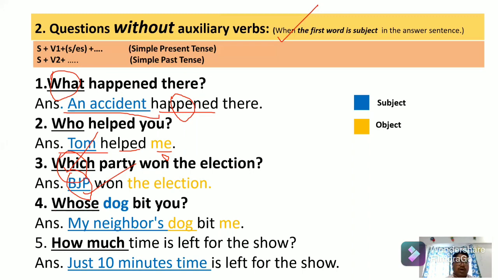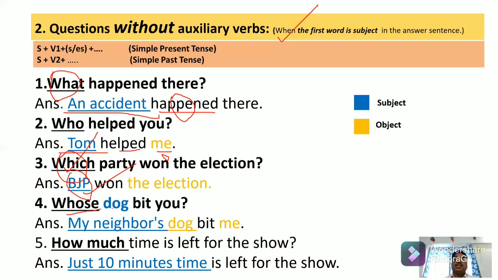Now the next question is, whose dog bit you? Is there any auxiliary verb? Do, does, did, or can, could? No. Whose dog bit you? Again here there is no auxiliary verb, but the question is correct, and the answer could be my neighbor's dog bit me, my friend's dog bit me. See the first words in all the sentences in blue color.